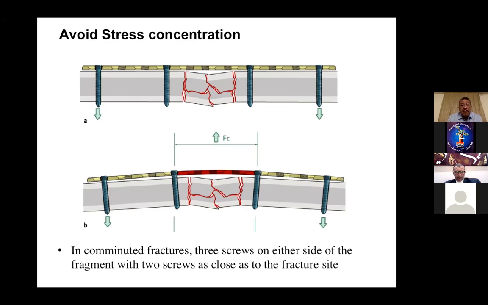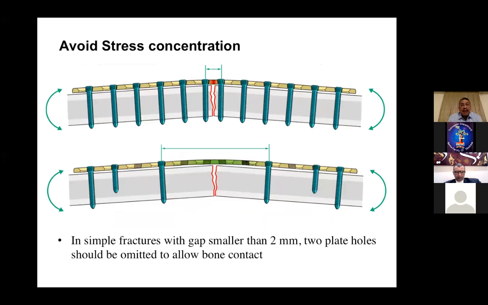And the fracture zone will have some micromotion that will help healing as well. However, in simple fractures, if you put the screws like this in locked plates, the stress concentration is higher on the junction of the plate opposite the fracture line.